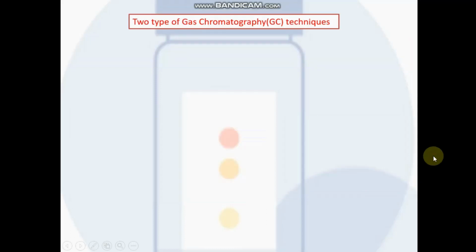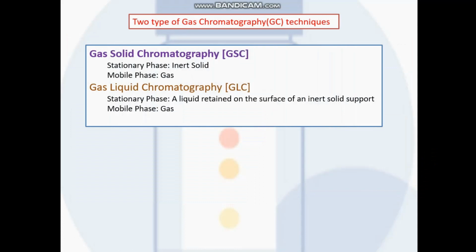Generally, there are two types of gas chromatographic techniques or GC techniques: gas solid chromatography or GSC, and gas liquid chromatography or GLC. In gas solid chromatography, the stationary phase is an inert solid and the mobile phase is a gas.